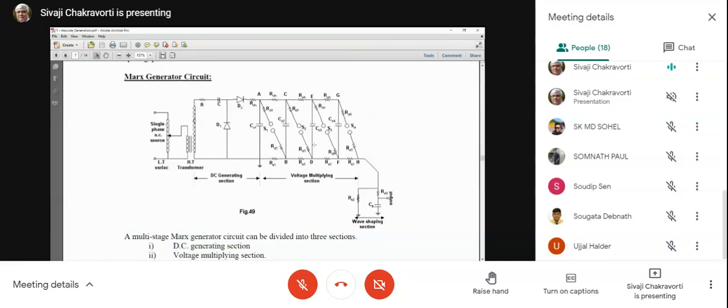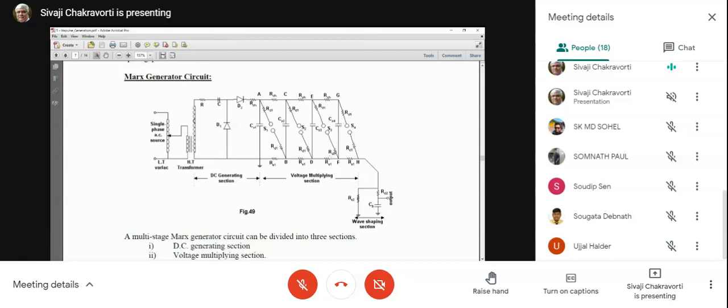But here the second capacitors are actually CS1 and the other CS in parallel. These are the second group of capacitors. That's why this left side, the DC generating section, is nothing but a Cockcroft-Walton voltage doubler circuit.